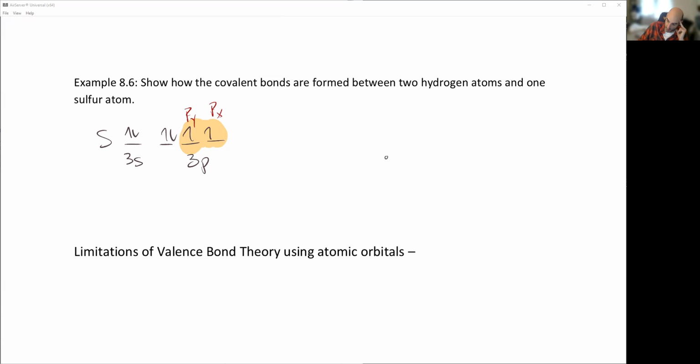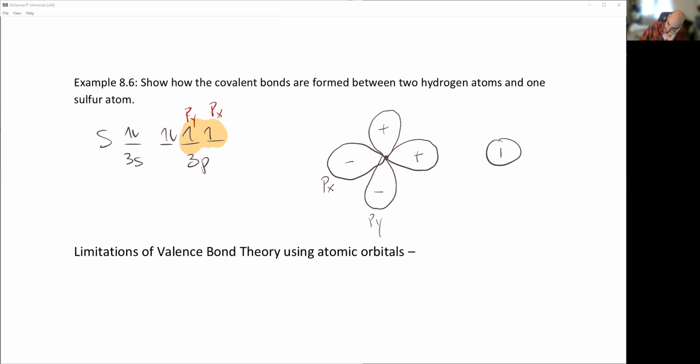So let's draw those in. Here's my sulfur atom. That is my px. There's my py. And now if I bring in my hydrogen atom, which is a positive wave function, there's my hydrogen.